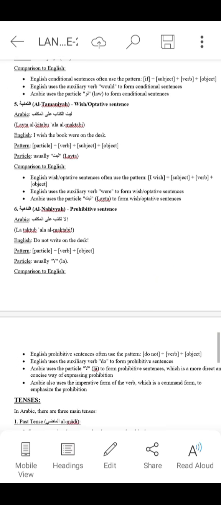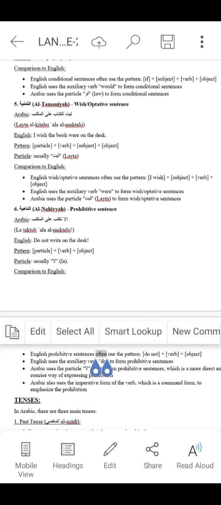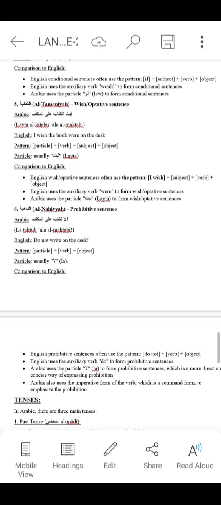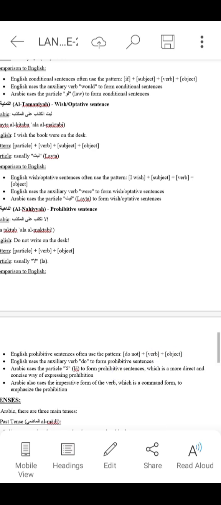Then we have the comparison with English. In English, prohibitive sentences often use the pattern do not plus verb and then object. In English, the auxiliary verb do is mostly used in present tenses to form prohibitive sentences.